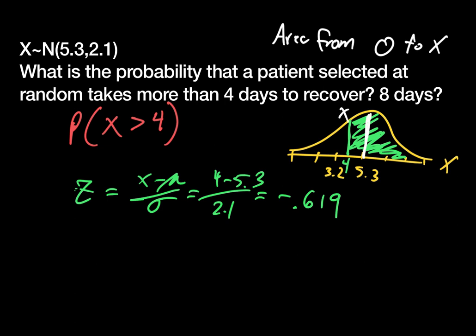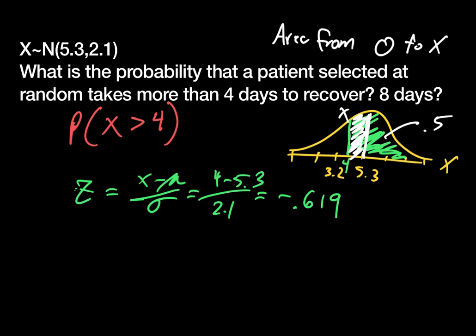X is the 4. The table gives me this area. And that was like 0.2209, something like that. This area, because it's to the right of the 5.3, 5.3 is the mean, 5.3 is also the median. The median is the 50th percentile. That means half of the data is above, half is below. This is 0.5.